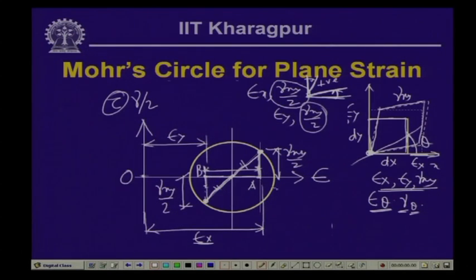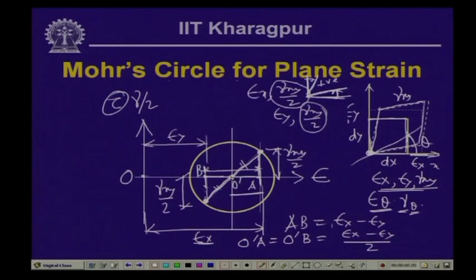So, the distance AB is equal to epsilon x minus epsilon y, and the central point, if we call this O dash, then O dash A equals O dash B, which is equal to epsilon x minus epsilon y by 2.